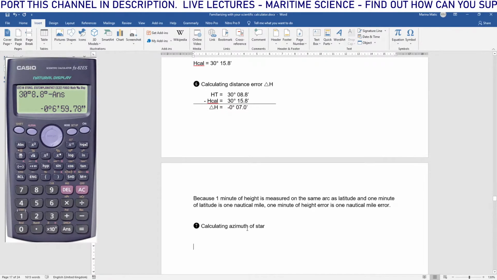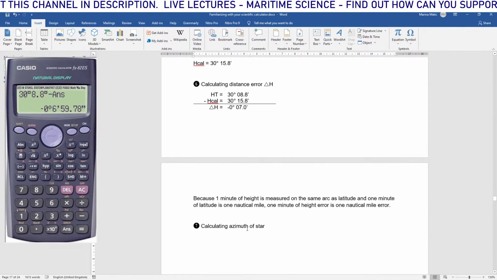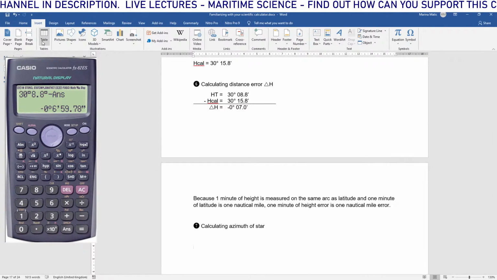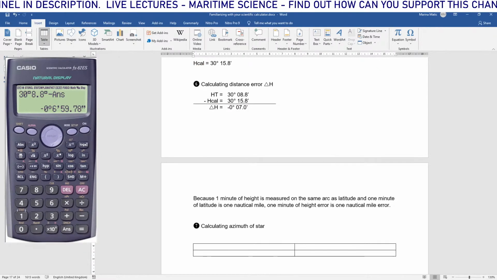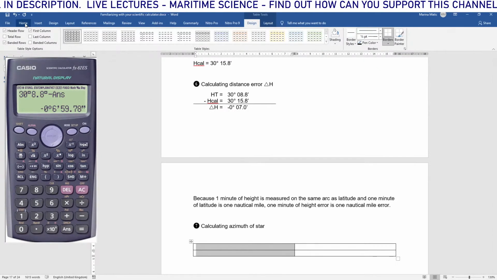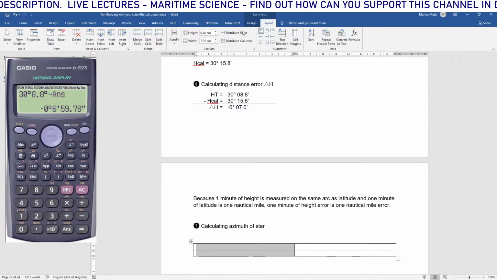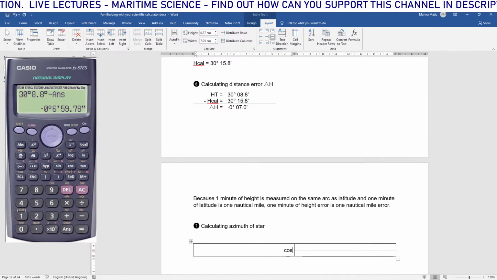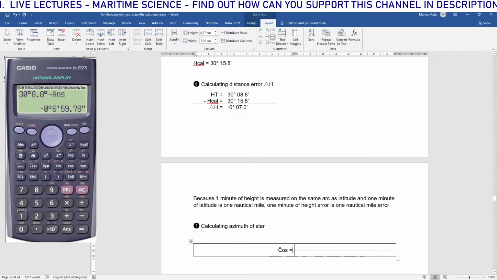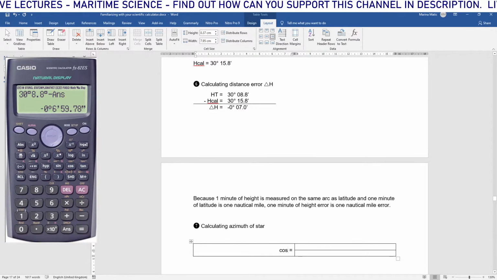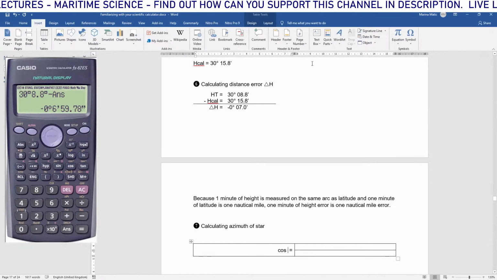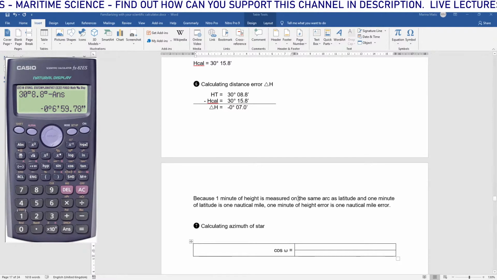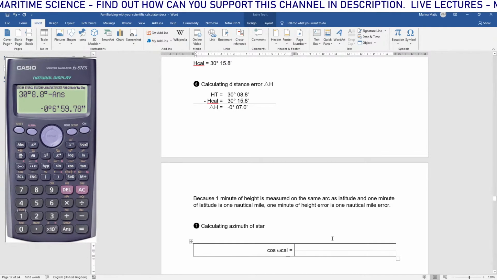So azimuth is the angle of the celestial triangle. Let's do the table. Merge home, layout, merge and center. So cosine of azimuth. Let's find the symbol for azimuth. Azimuth is this one, small Greek letter omega, and it's calculated.